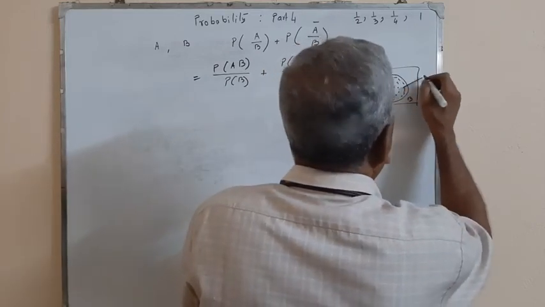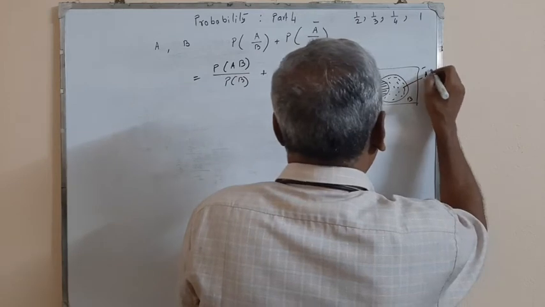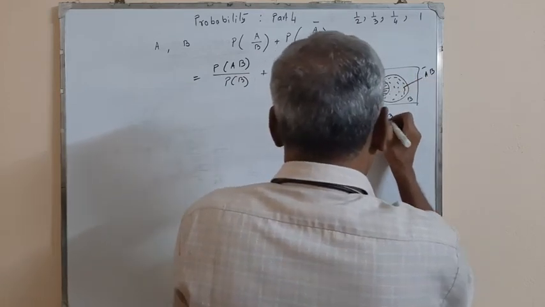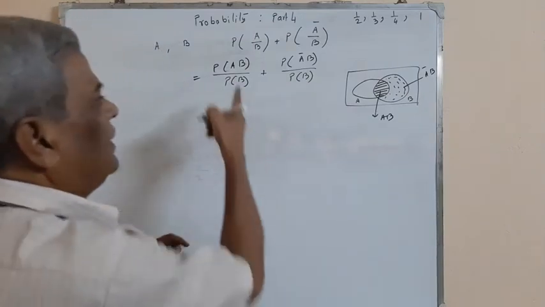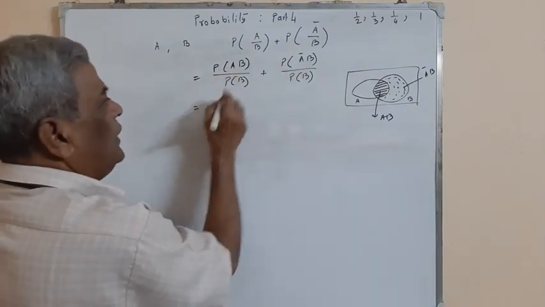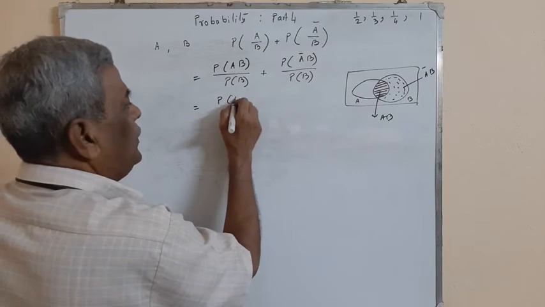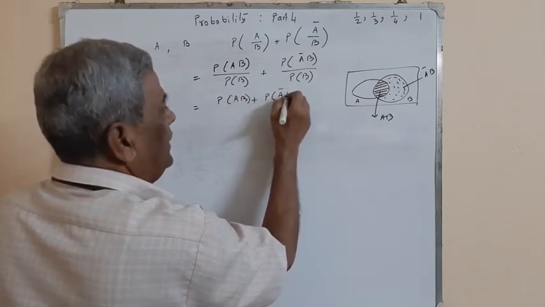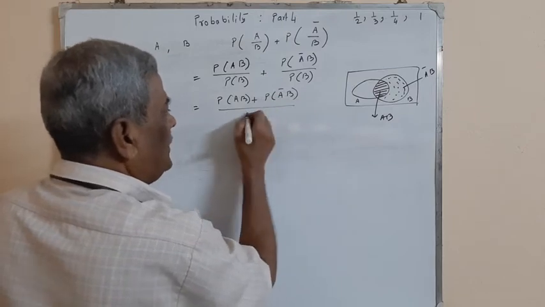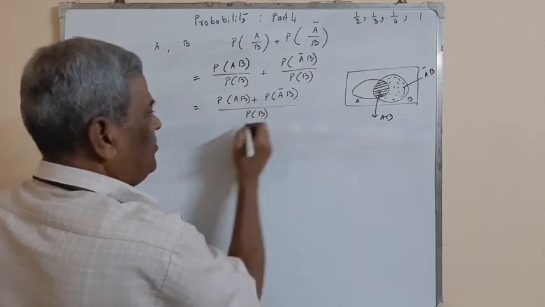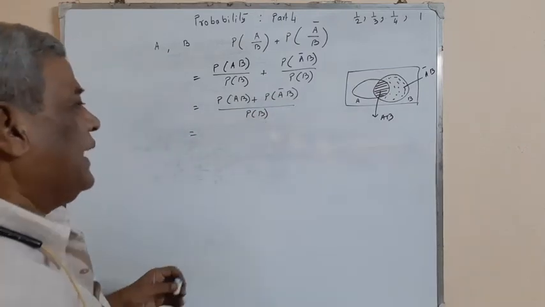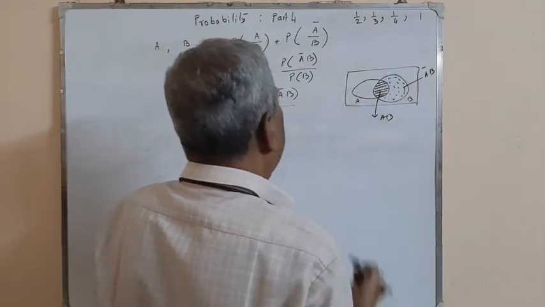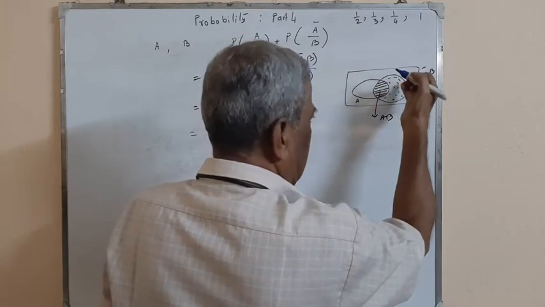This is A bar B. This is AB. So, when they are taken together, probability of AB plus probability of A bar B, divided by probability of B. Now, AB is this shaded part, and A bar B is the dotted part.